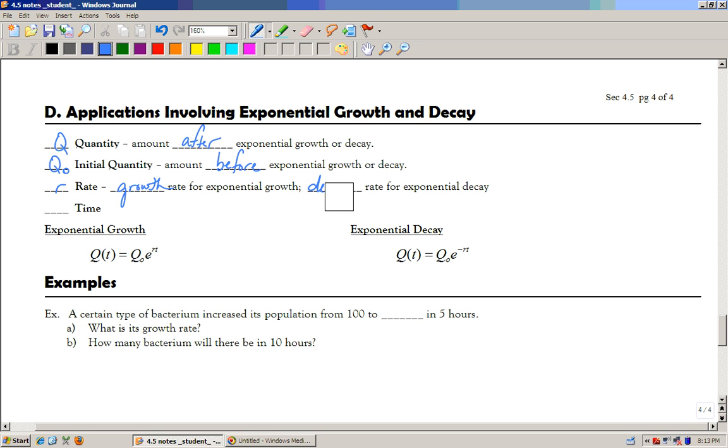And T represents time. So this is exponential growth, and this is exponential decay. Notice that the only thing different in these is going to be the negative RT for the exponent, which means it's like a 1 over E, which makes it a fraction for that initial, or the B value.